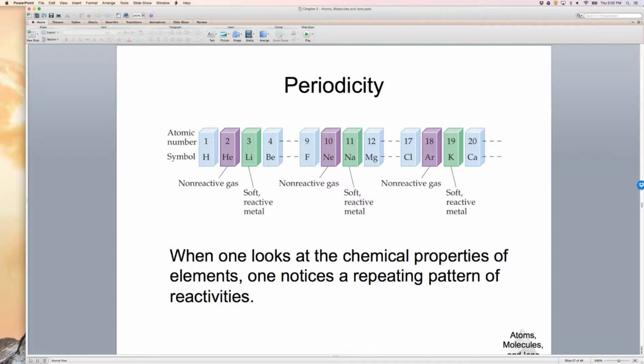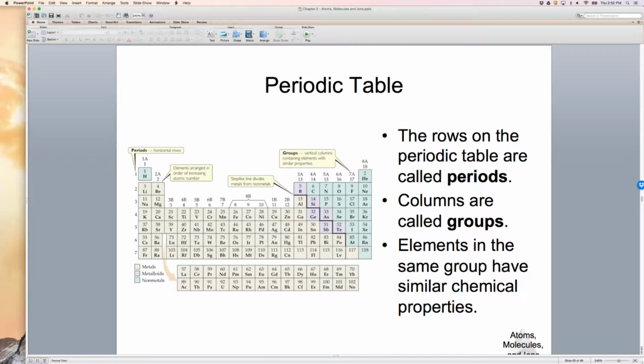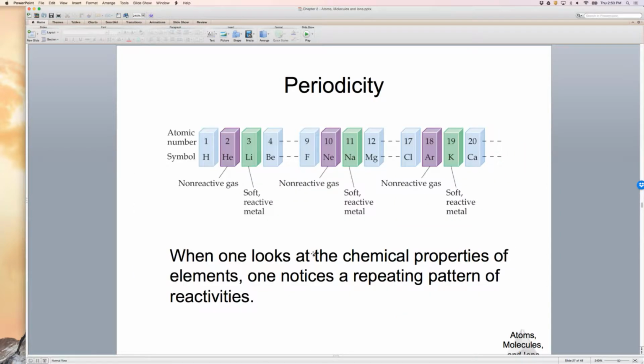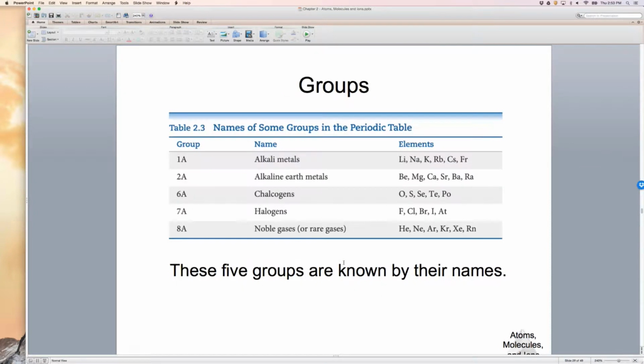Neon is the same non-reactive gas, and if we go back, we see that helium and neon are above and below each other in the periodic table. So that is periodicity, and that is the same for your metals as well as your non-metals.